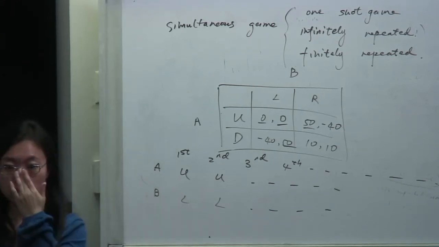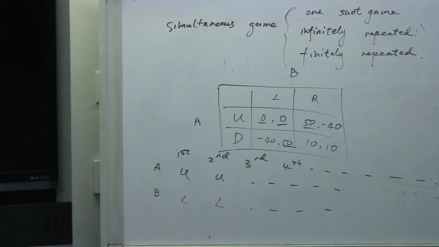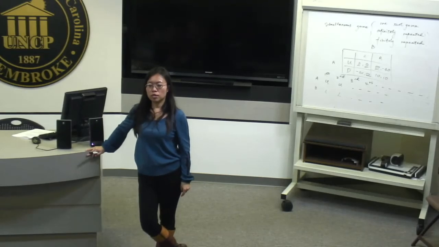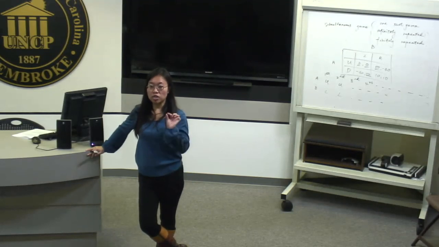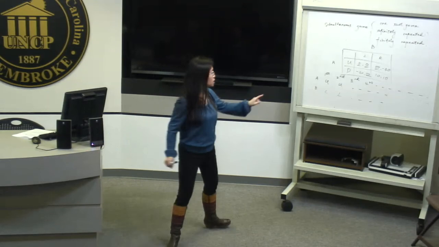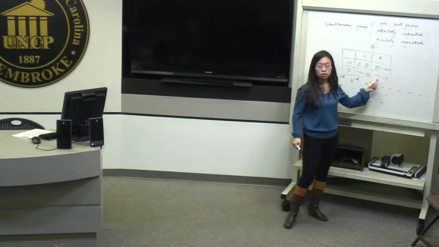So what's the objective here? The objective is we want to see whether cooperation is possible if the game is repeated many times. We just talked about how in the one-shot game, the firms will never end up with this cooperation outcome.